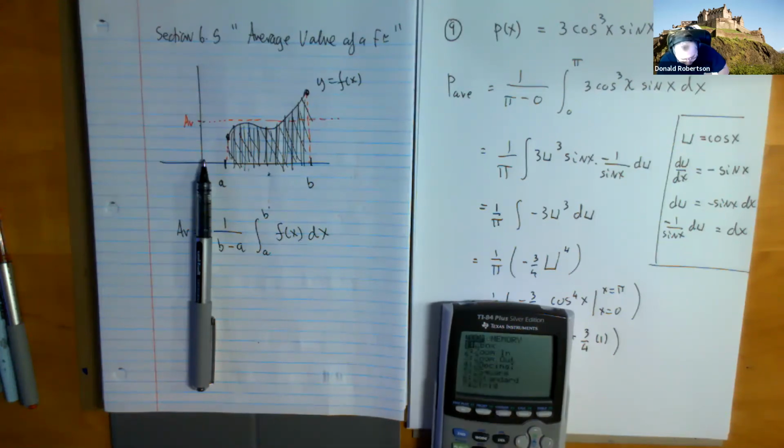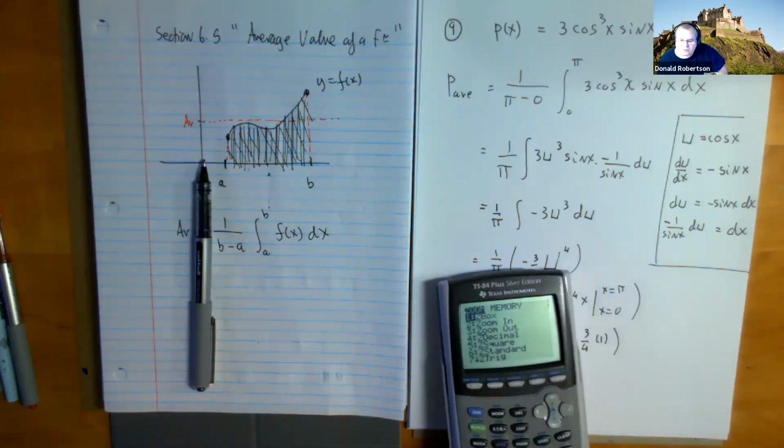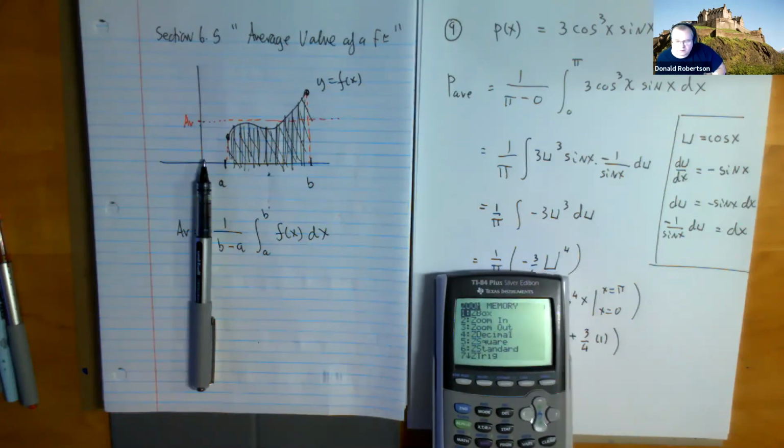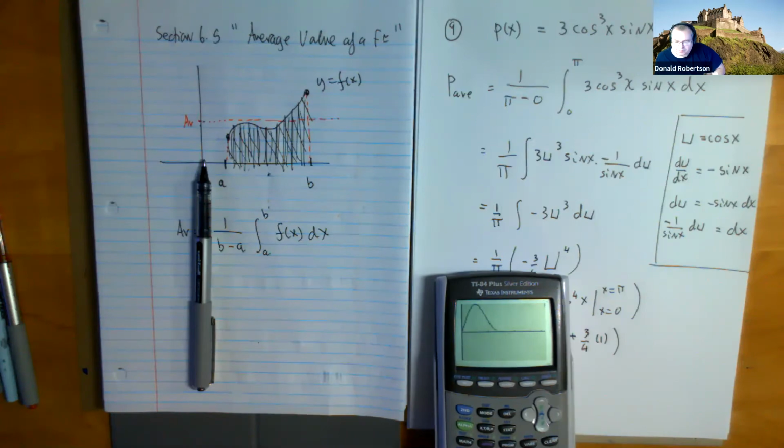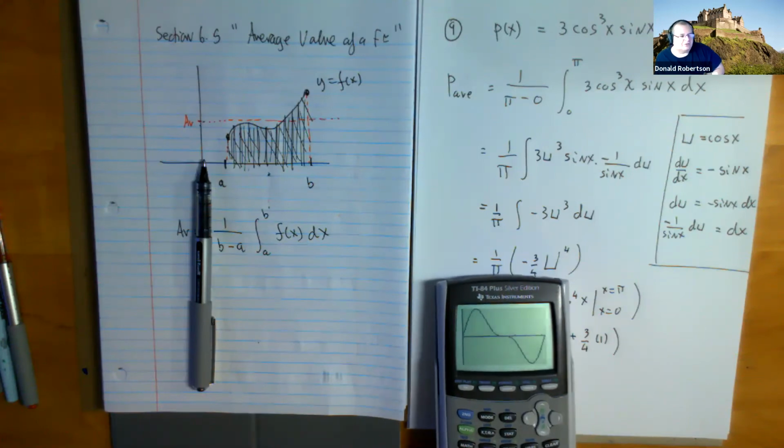And I'll do a zoom to fit. And what I want to see is the shape above and then the shape below. Does that match what I said would happen? Can you see that the top bit and the bottom bit are exactly the same, but one's plus and one's negative?